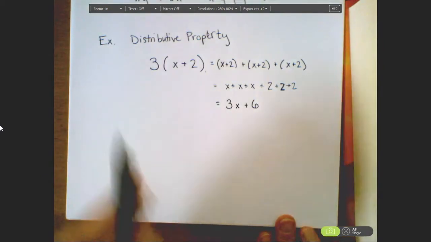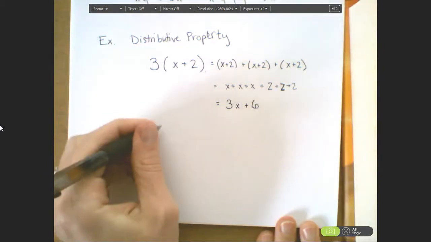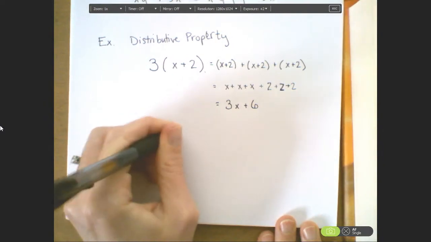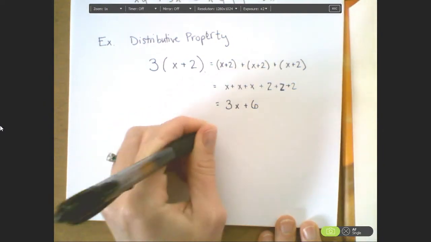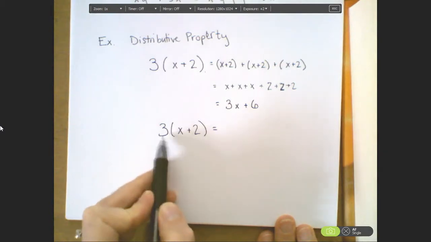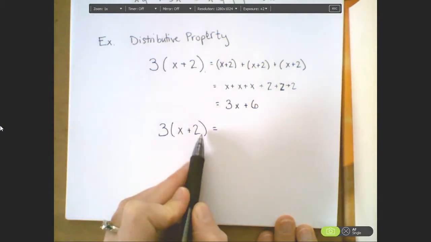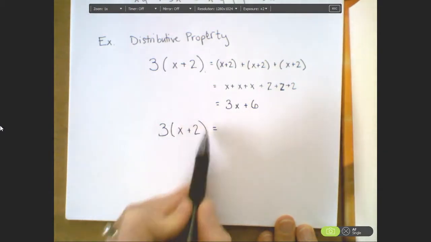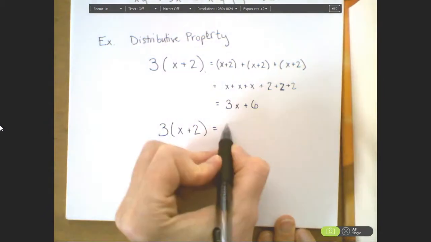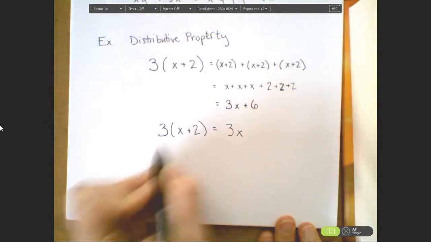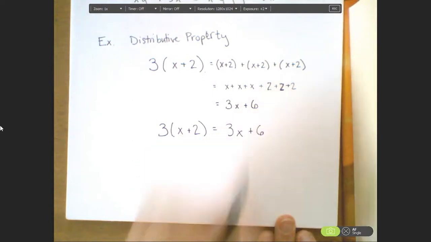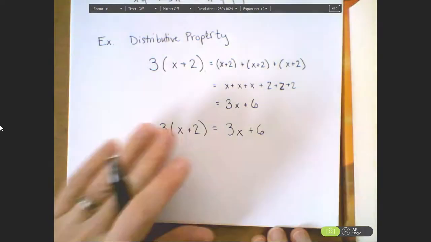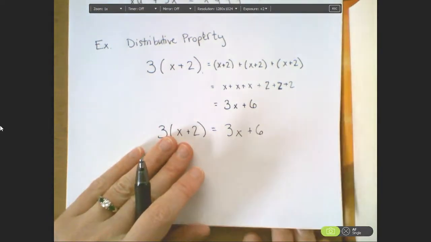This is exactly a longhand way of thinking about the distributive property. It's likely that when you see an expression like this, you would do the distributive property by applying 3 times x and 3 times 2, because really you're multiplying this second factor by 3. And you end up with 3x and 3 times 2 gives us 6, which is what we expected. So that's an example of the distributive property.